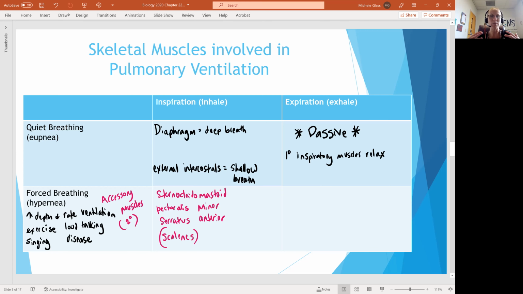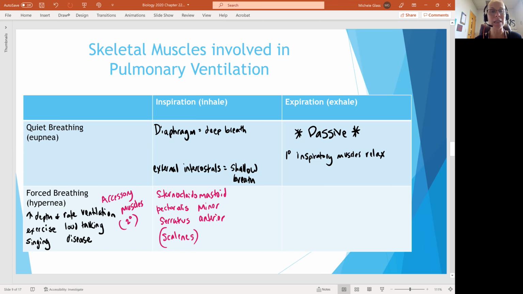Sternocleidomastoid, pectoralis minor, serratus anterior. These are all going to help us lift up on the rib cage, separate those ribs, and really give us a bigger rib cage. If you do that practice again, where you put your hands on your thoracic cage, kind of hugging around in this way, and then you do your inhale, you may even be able to feel some separation happening in those ribs from these muscles.